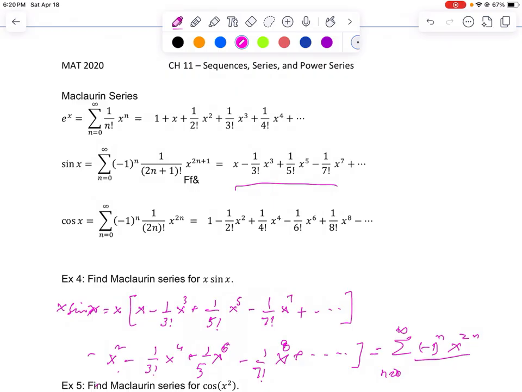2n. Now we have to think about it. Will it be 2n plus 1 or 2n minus 1? If you look at the second term, we have 3 factorial down here and the power is 4. So at the bottom it will be 2n minus 1 factorial.